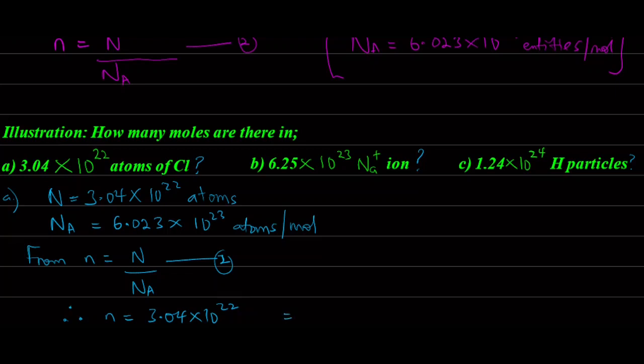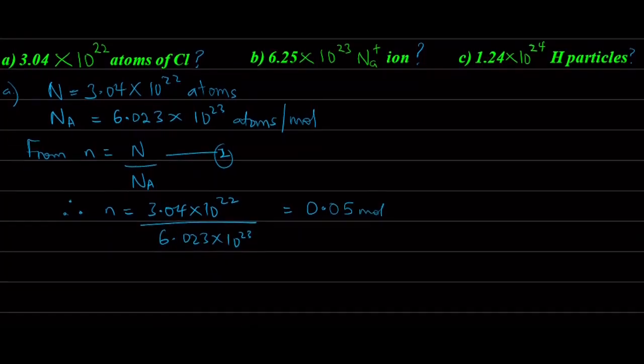So we are going to have 0.05. This simply means that if the number of atoms is 3.04 exponential 22, the mole is 0.045, or we can say that in 0.05 mole, the number of atoms there are 3.04 exponential 22.